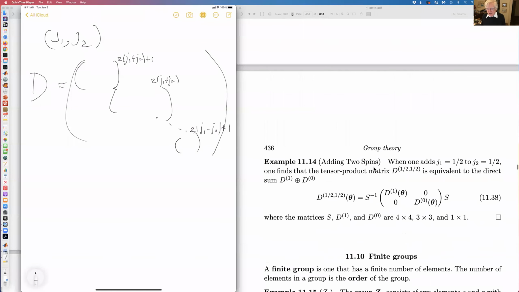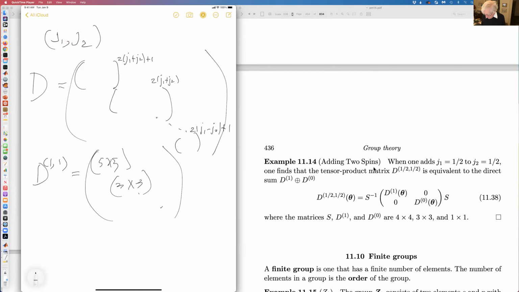This was the case of adding 1/2 plus 1/2. If we imagine adding 1 and 1, then what we would get would be a spin 2, which would be a 5 by 5 matrix. And then we would have spin 1, which would be 3 by 3.